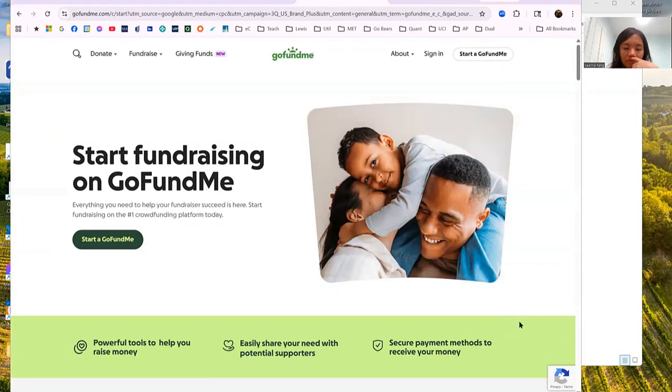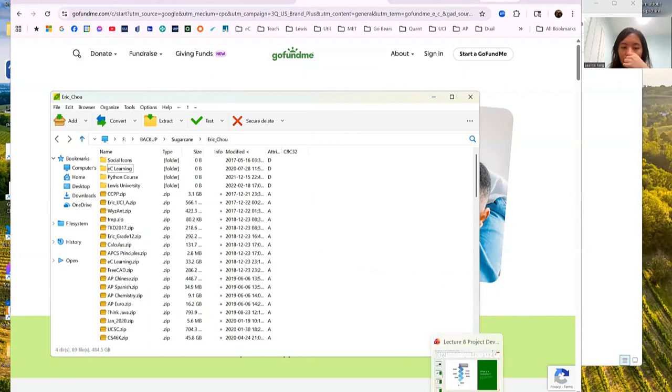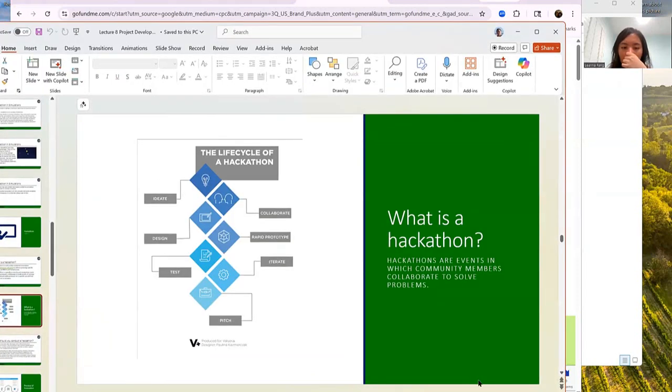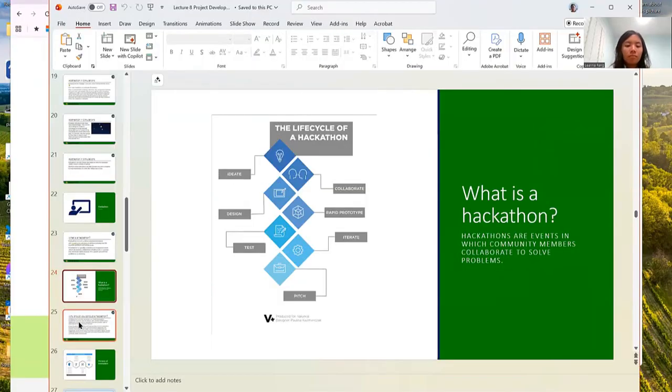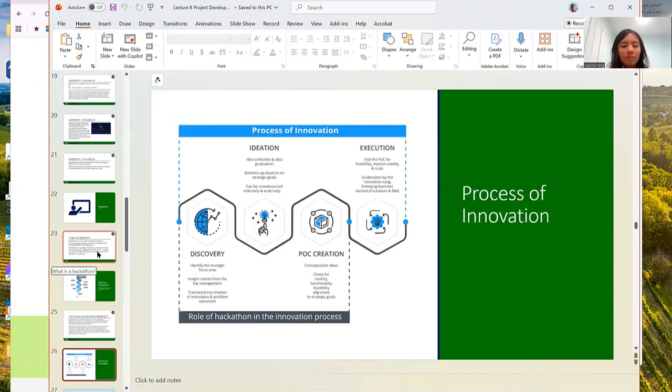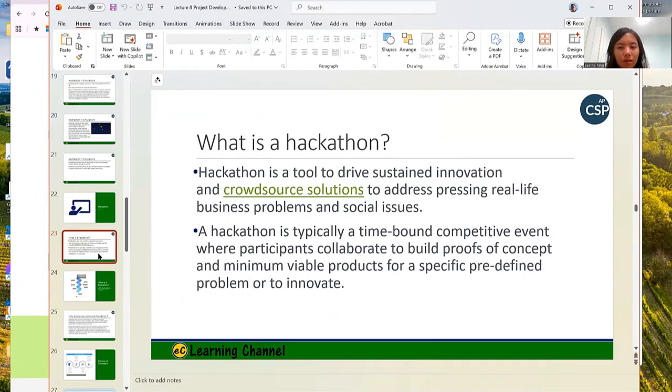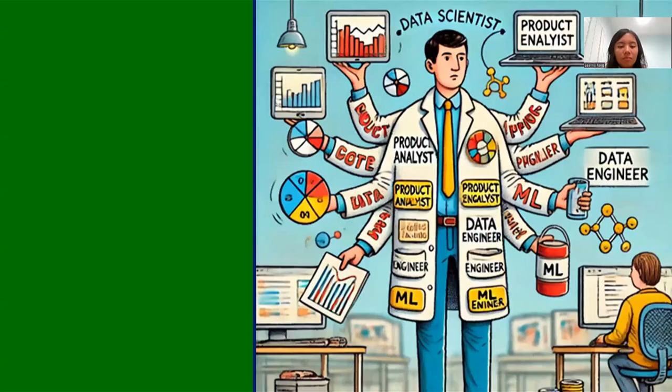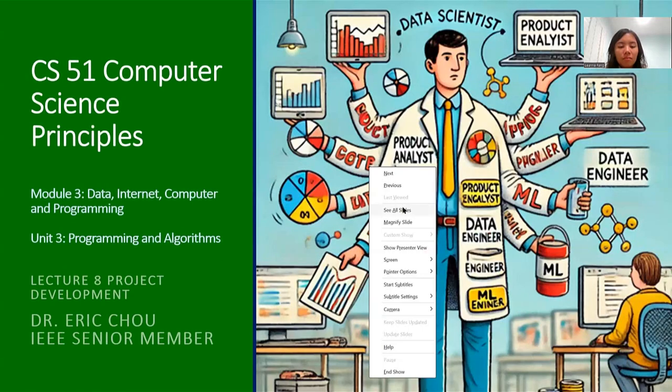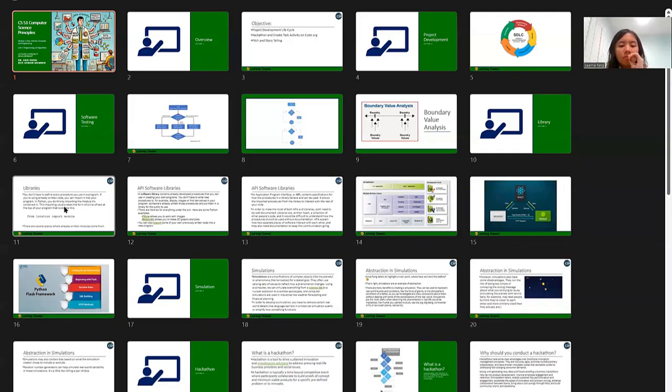We call it crowdsourcing. Finding the money from the general public. Who will give money? I don't know. When you have no money or no solution, you ask unknown people to support you. Then we call it crowdsourcing. Okay.